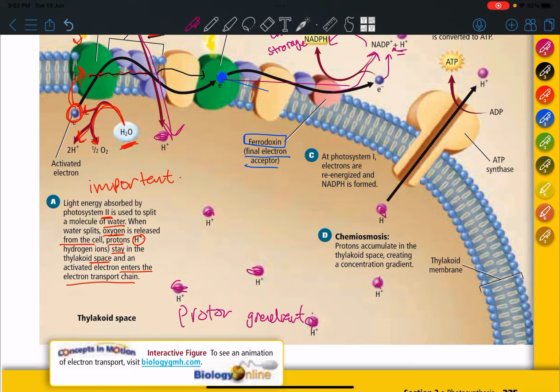And we said a proton gradient is when you have a high concentration of protons or hydrogen ions at one side of the thylakoid membrane, and on the other side you have less.